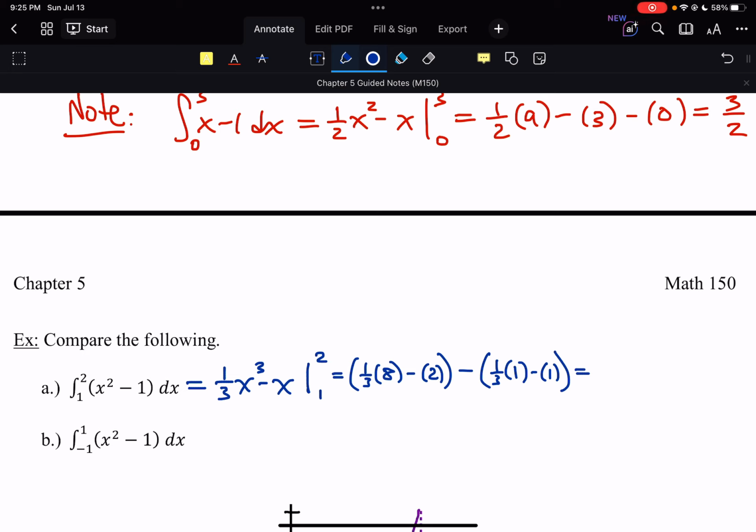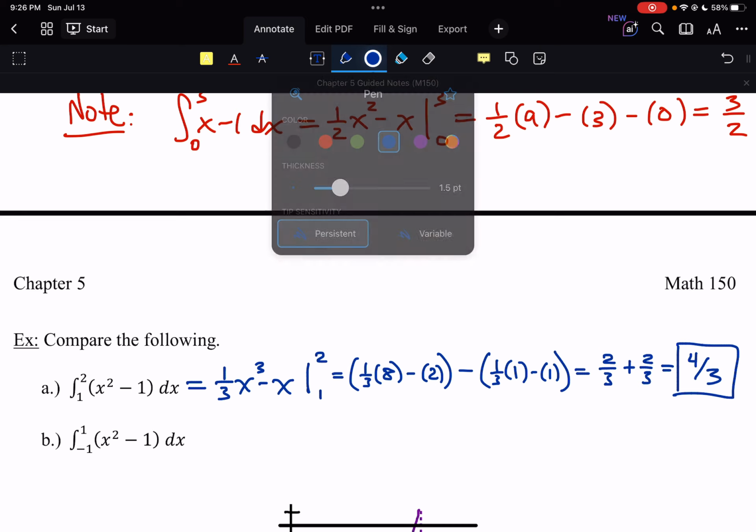So that's 8/3 minus 2 minus 1/3, and then plus 1. So let's see, this is 8/3 minus 6/3 is 2/3, minus 1/3 minus 1 is negative 2/3, so plus 2/3. So we get 4/3 for this one.